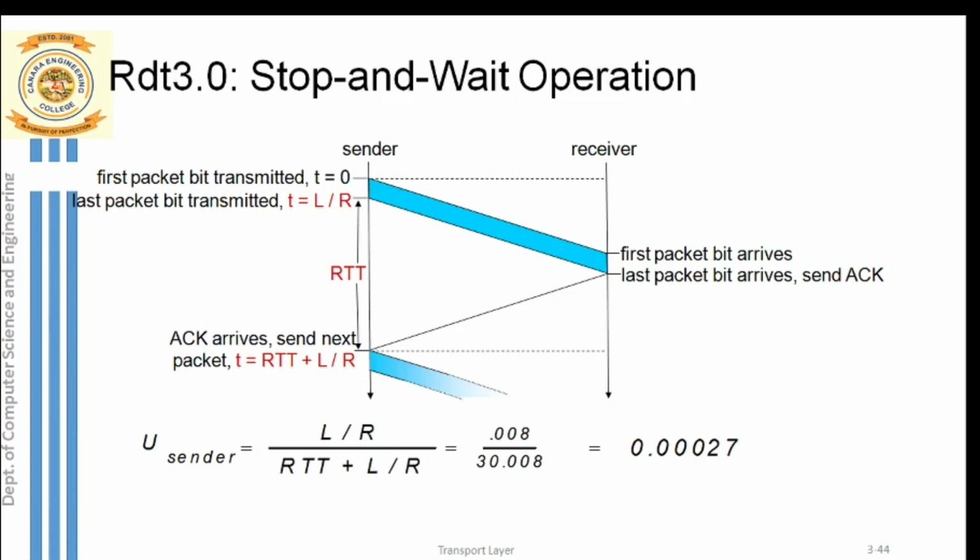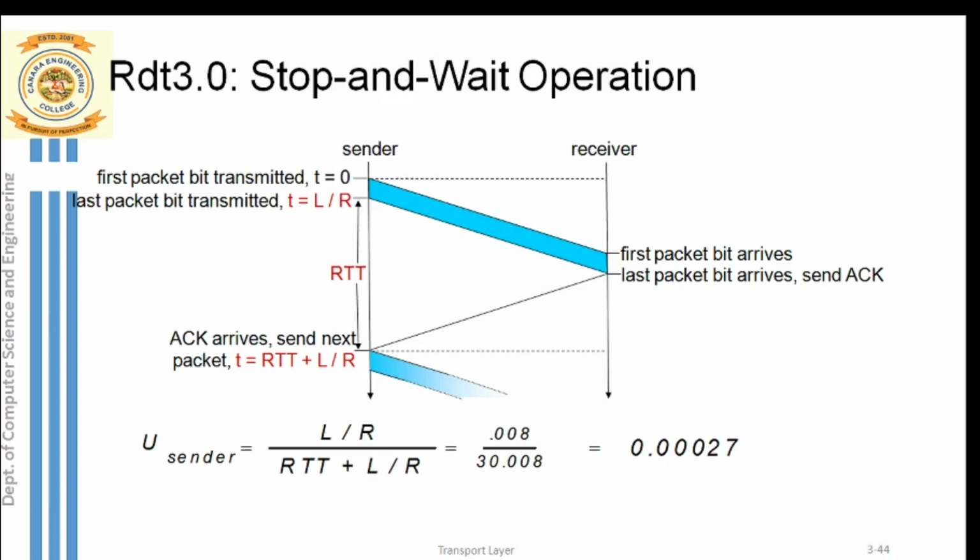Likewise, all 8 bits are sent one after the other. If I am measuring time in milliseconds, maybe after 8 milliseconds the first byte of data is transferred. This is how the sender is transmitting the data.